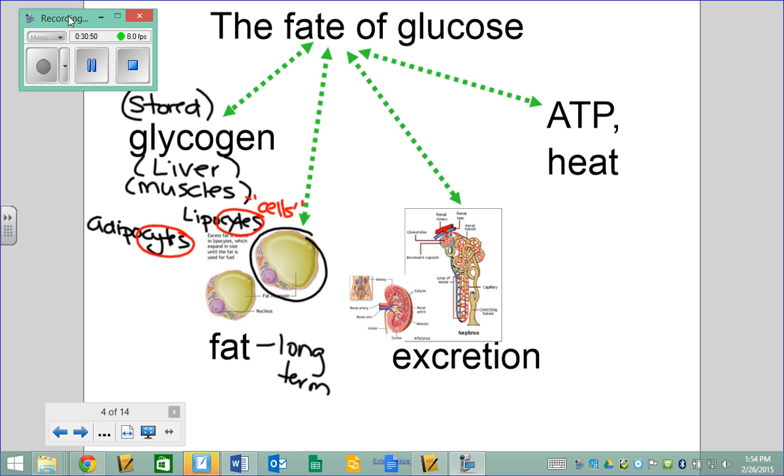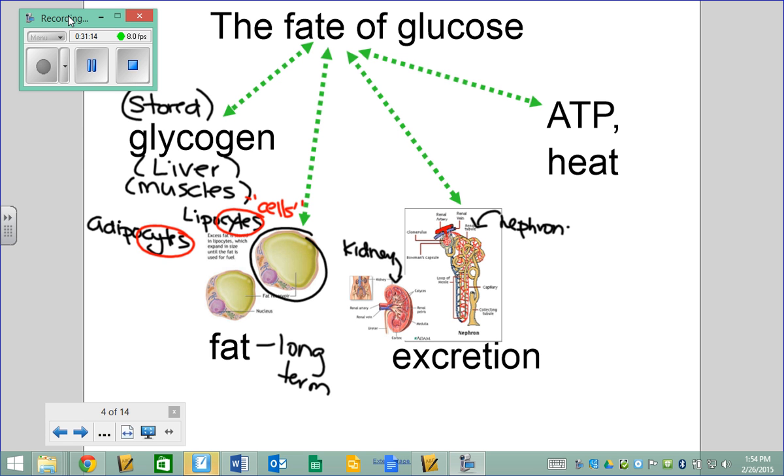Now the next thing is excretion. So this picture here is of your kidney, and then this cool little thing is called a nephron. We'll talk about both of those things. Your kidneys, you have two of them, your kidneys filter your blood, and inside your kidneys are millions of these tiny little structures.